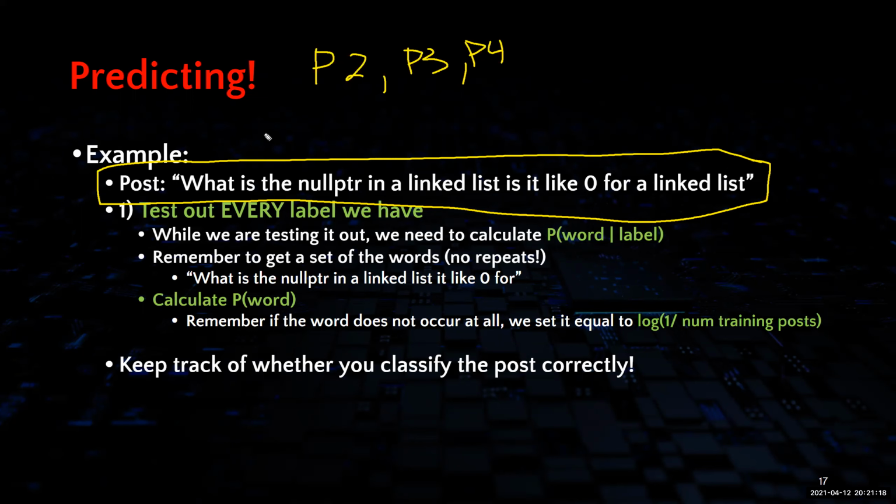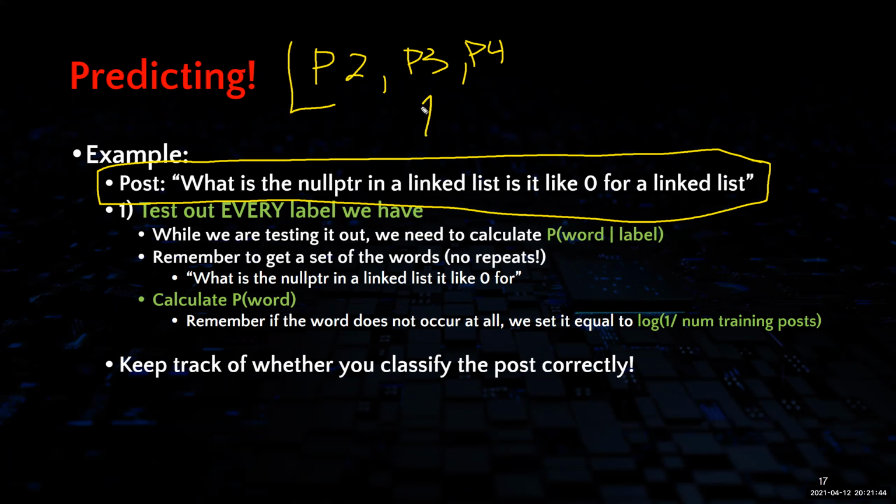After that, we'll get some value. It'll be negative because it's logs of fractions. And we want to figure out which value is the least negative. And once we have that, that means it's going to be the most likely post. We'll calculate that for P2 and figure out, is P2 better than our current best? And since it's the first thing we're calculating, we'll say it is.